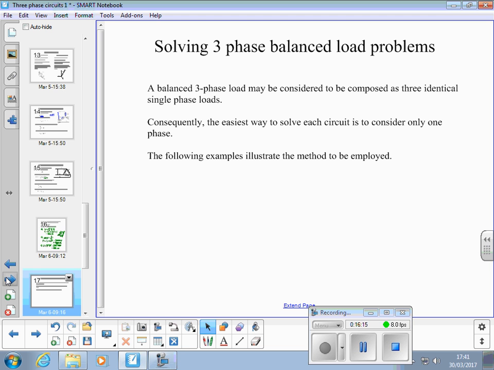You can isolate one leg of the load, whether it be star or delta, and analyse that. If you want to know the total power, just multiply by 3.